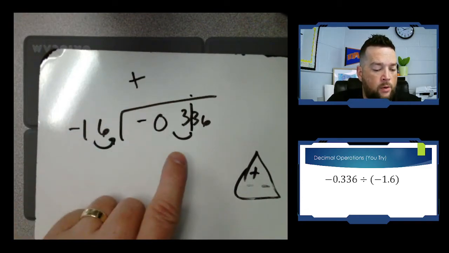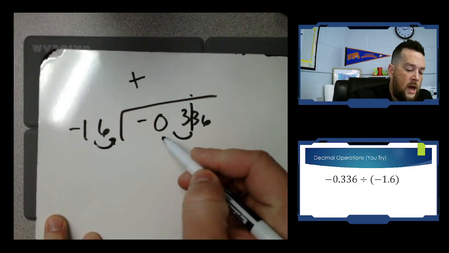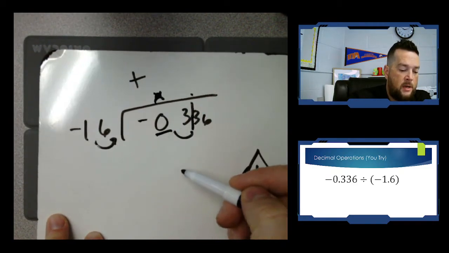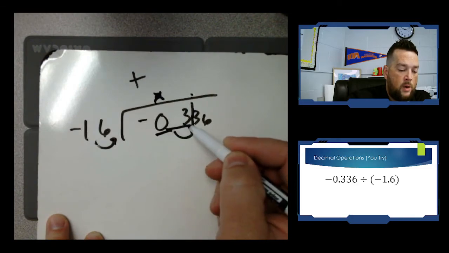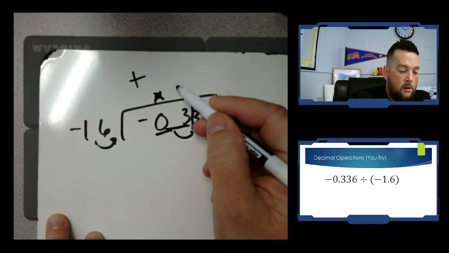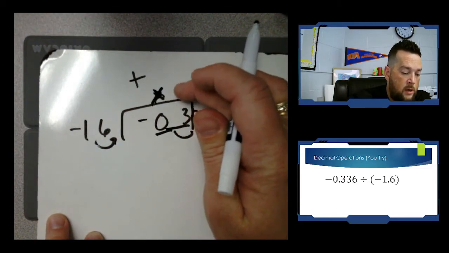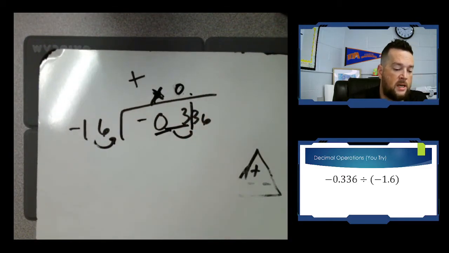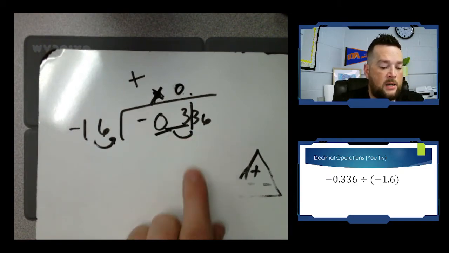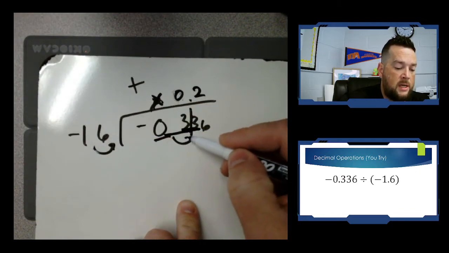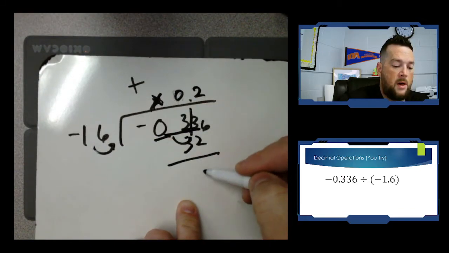Now that we're going to go in, 16 will not go into 0. So there's a 0 right there. We could put an X in that space. 16 will not go into 3. That's just 3. So we can put an X in that space, or we could put a 0 there, because we know we're going into the decimals. Now 16 into 33. We'll go 2 times, because 2 times 16 is 32. 33 minus 32 is 1.